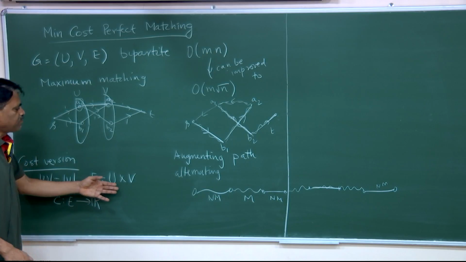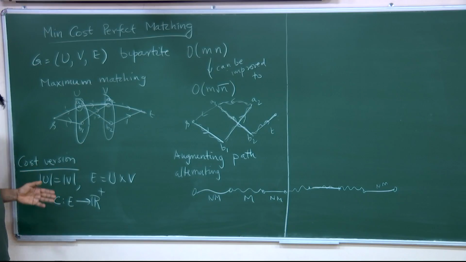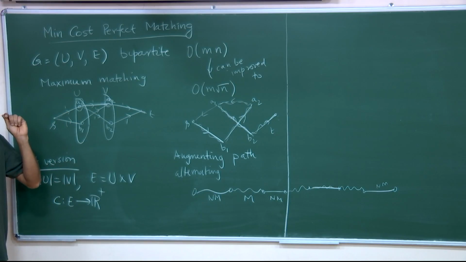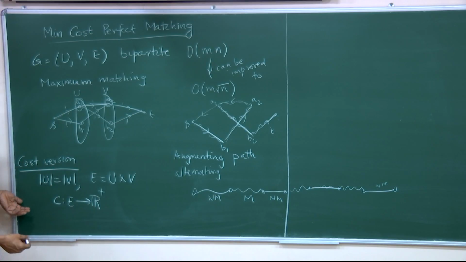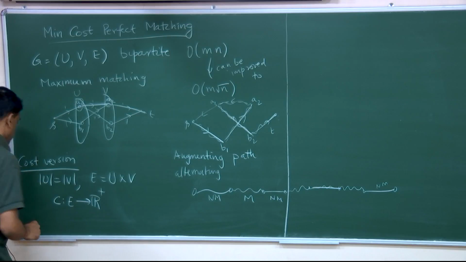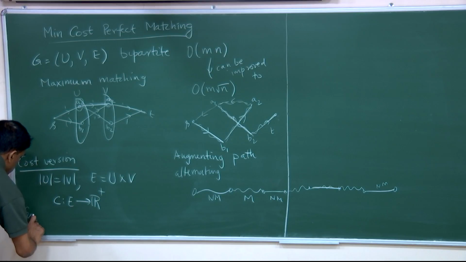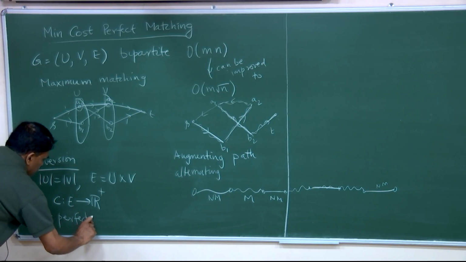So since it's a complete bipartite graph, there is clearly a perfect matching. U is equal to V, so I can just match every vertex in U with some vertex in V, and I get a perfect matching. So among all perfect matchings, I am interested in finding a perfect matching with min cost.